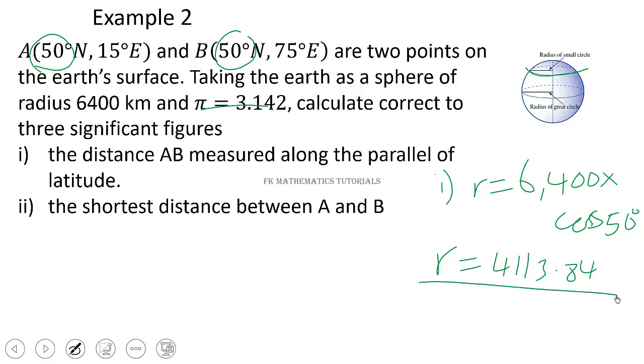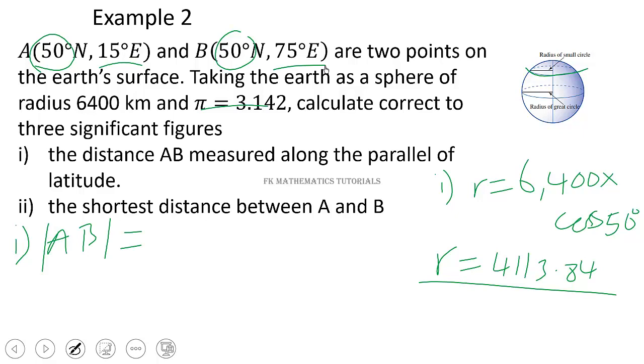Now to calculate the distance AB measured along the parallel of latitude, that distance AB will be given by theta. So now we can see that we have 15 degrees east and 75 degrees east. So just as we subtract for the great circle, if the 2 points are on the same side, the same thing applies over here.